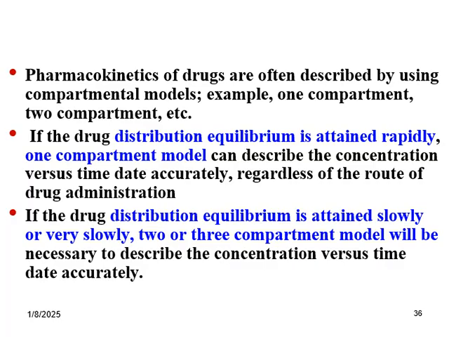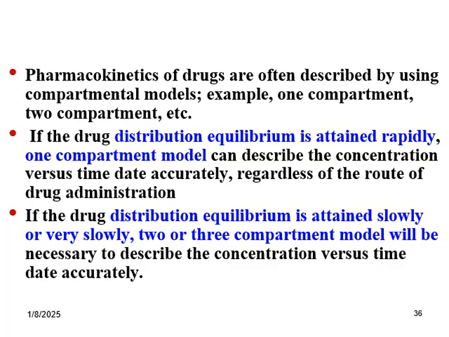Another case, if the drug distribution equilibrium is attained slowly or very slowly, 2 or 3 compartment model will be necessary to describe the concentration versus time accurately. So that is slowly or very slowly to be achieved.